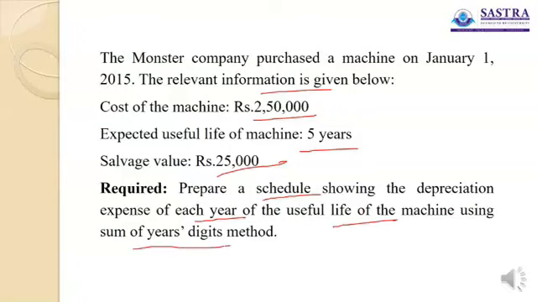See here, 2,50,000 minus 25,000 is 2,25,000. Understand, this is called original cost. This is the net cost.